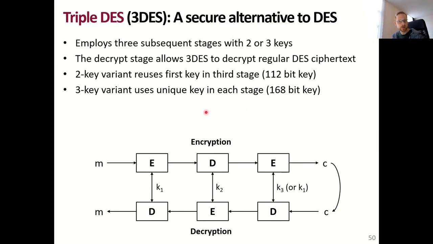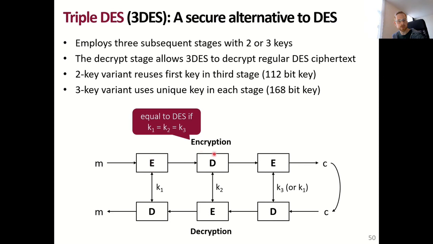There is a 2-key variant where the last key is replaced by reusing the first key. The reason that it does encryption, decryption, encryption rather than encryption, encryption, encryption is for backwards compatibility.